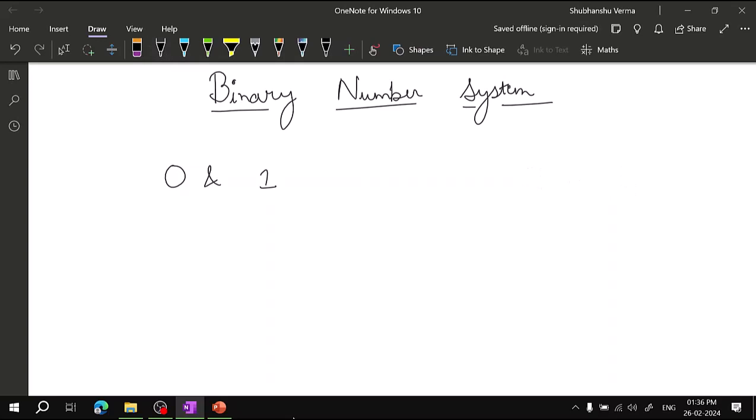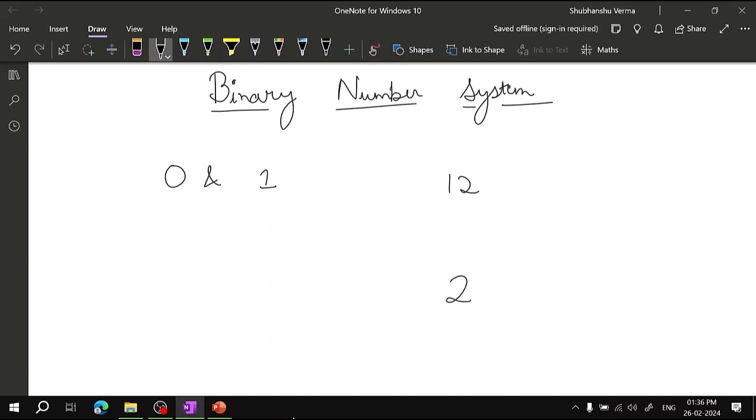Now let's suppose I have given the number 12. How is this 12 stored in the form of 0 and 1 in a device? Let's see. Here we consider the base of 2. Why 2? Because in the binary number system we have 2 bits, 0 and 1. So that's why we take this up.